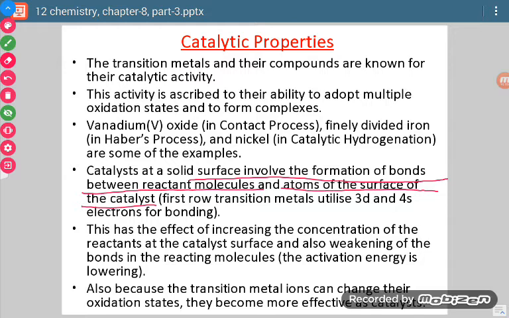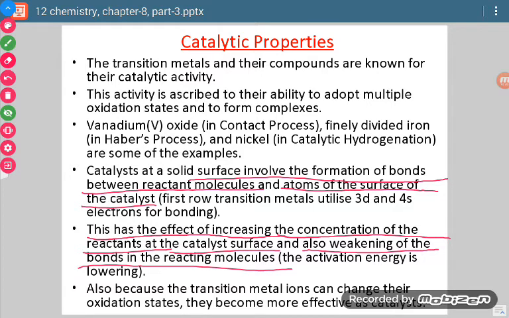So what happens when we use a substance as a catalyst? Then it provides extra surface for reactants to get attached with each other. This has the effect of increasing the concentration of reactants at the catalyst surface and also weakening of the bonds of the reacting molecules.